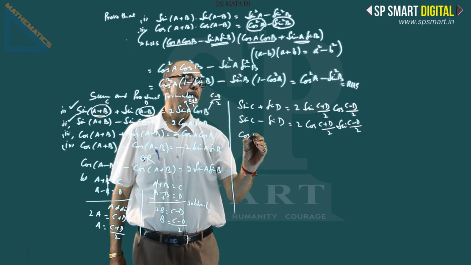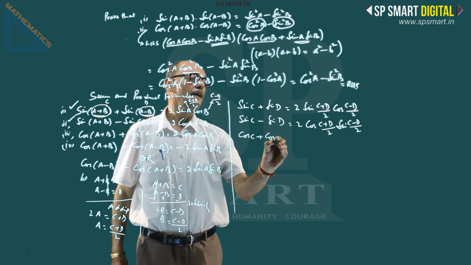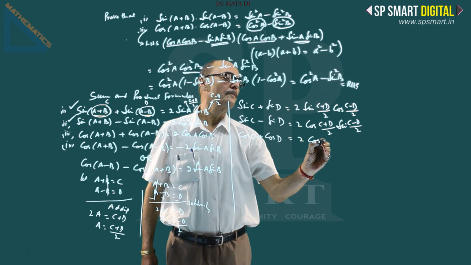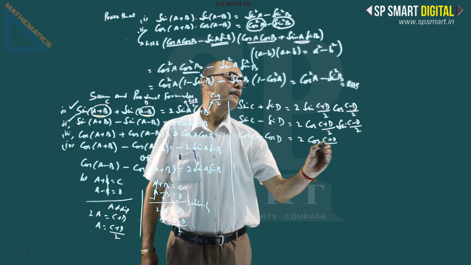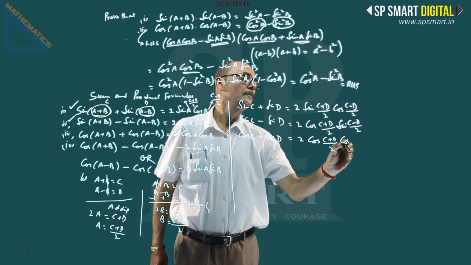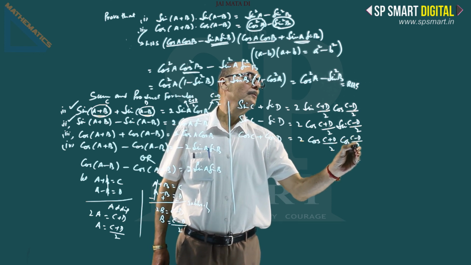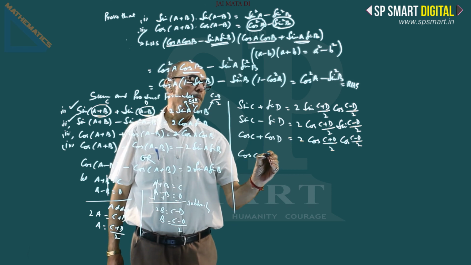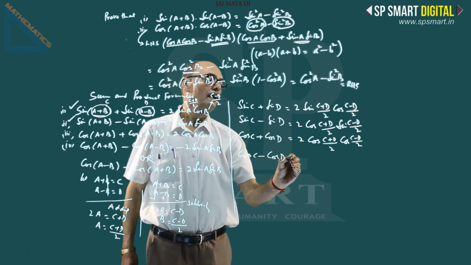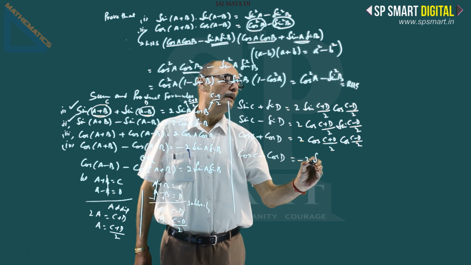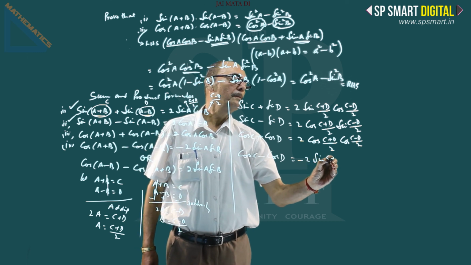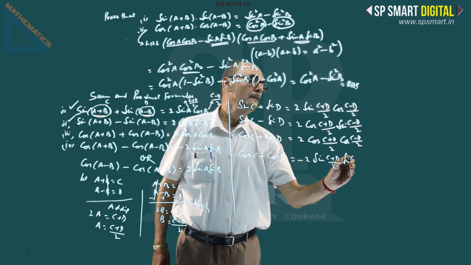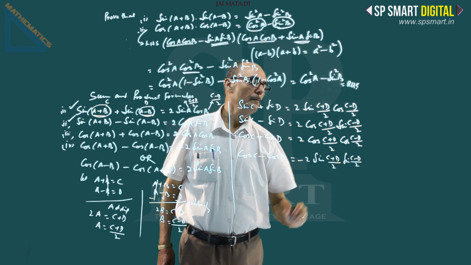Cos C plus cos D equals twice cos((C plus D) by 2) cos((C minus D) by 2), and cos C minus cos D is minus 2 sin((C plus D) by 2) sin((C minus D) by 2).